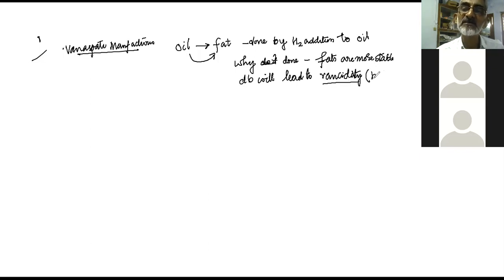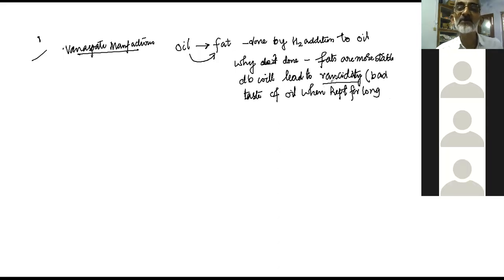The bad taste of the oil when kept for a long time. This is what is called rancidity. In Malayalam it is karal. The oil will have a bad smell as well as taste.